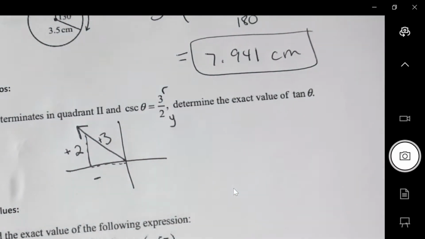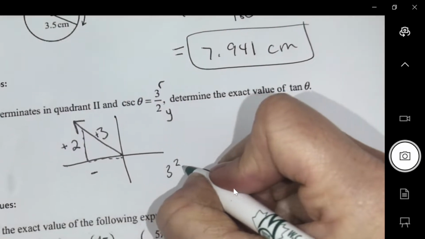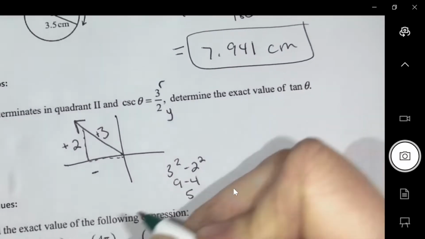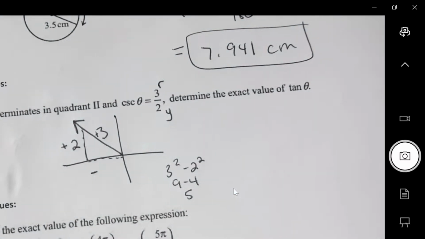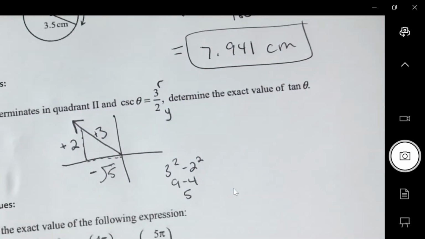So I would know that about my positives and negatives. And this is a Pythagorean theorem. Would I add or subtract to get it? So 3 squared, subtract 2 squared. 9 minus 4 is 5. Does that square root nicely? Nope. So I leave it.